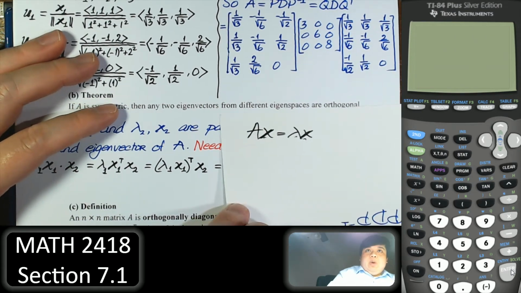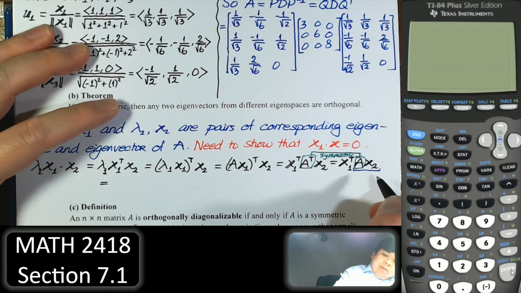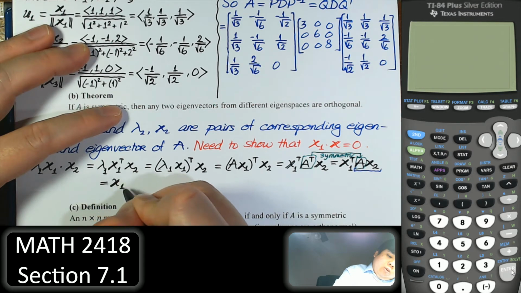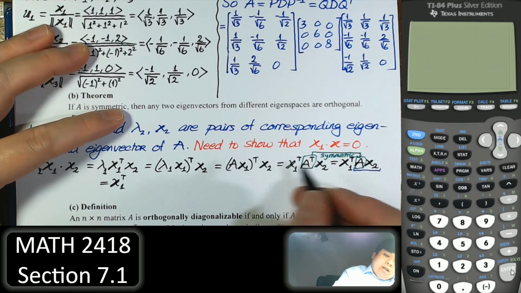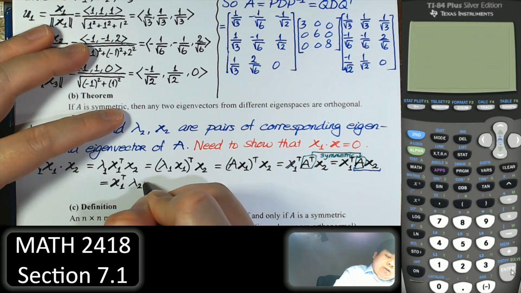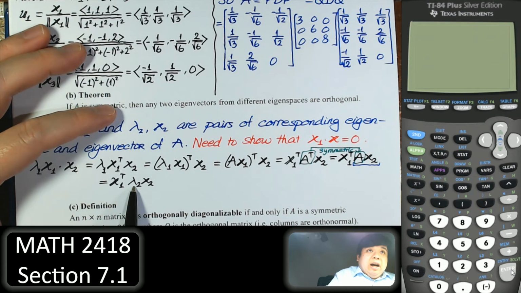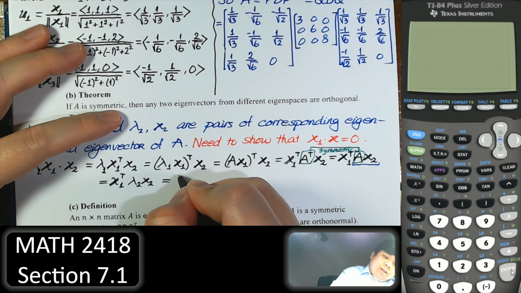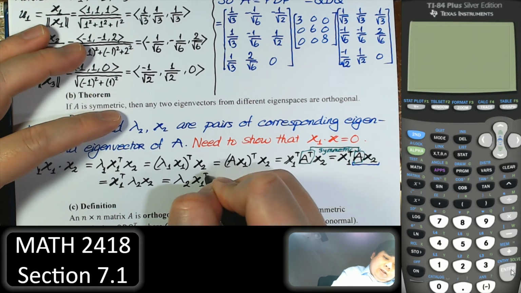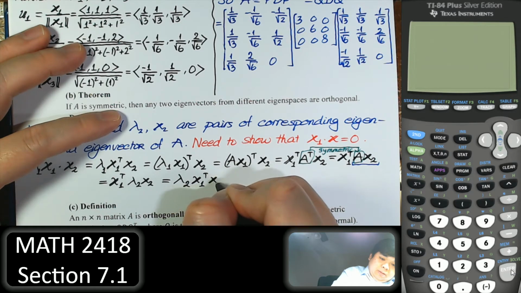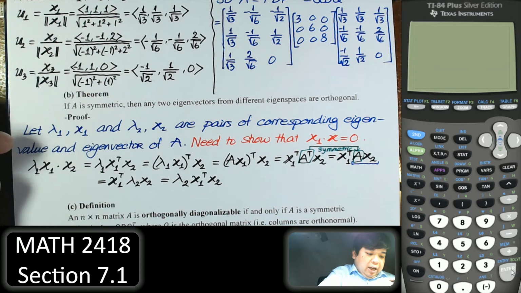Also, the equation of eigenvalues and eigenvector, we will write that equal to x1 transpose A x2, which is going to be lambda 2 x2, and this is a number, I just move in front with no problem. Now that equal to that.